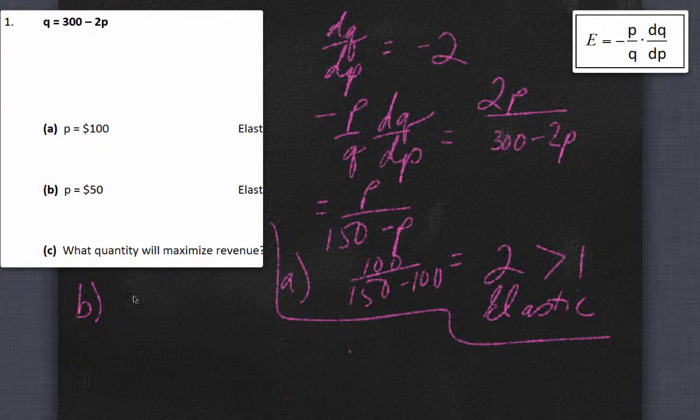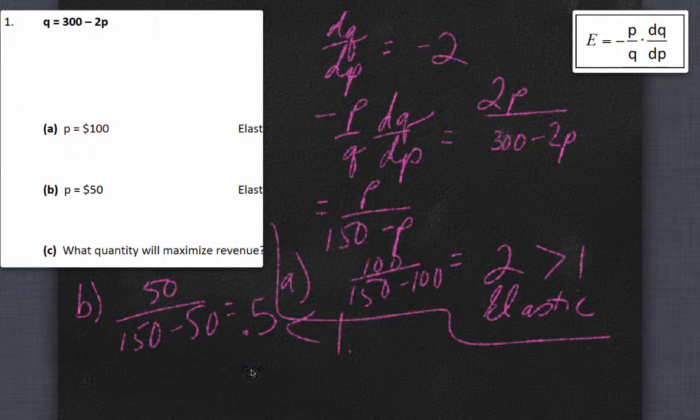Sorry, this looks crazy. I'm distracted by all these things happening. 50 over 150 minus 50, that's 0.5, less than 1. So that's inelastic. So at this point, if you increase price, you increase revenue.